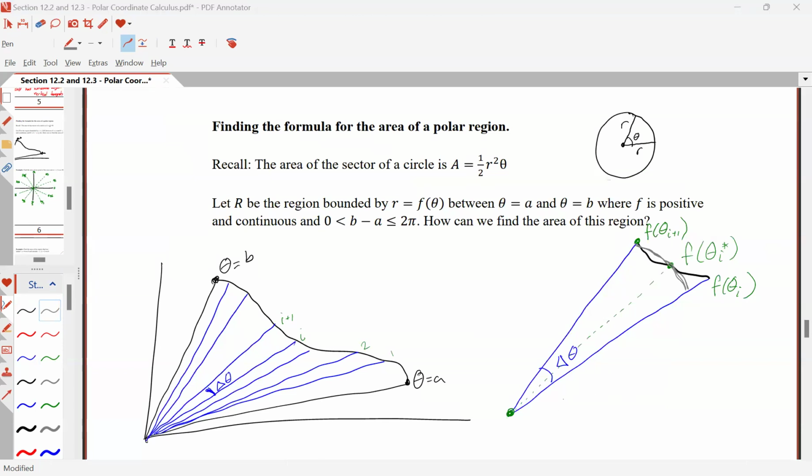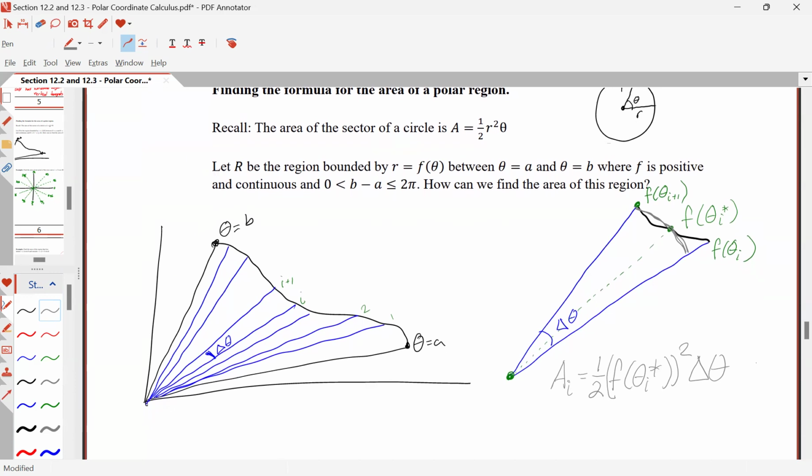So the area of this little sector is approximated by 1/2 f of theta i star squared times delta theta, using this area of the sector formula.